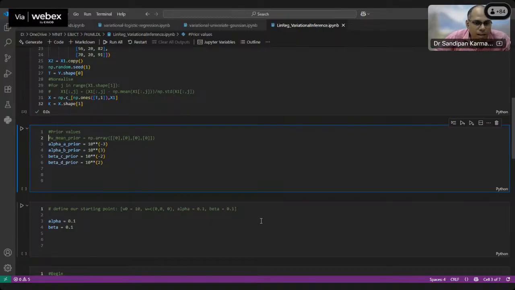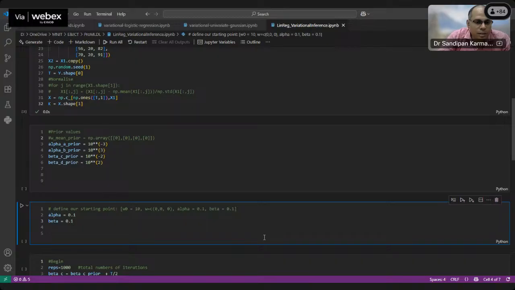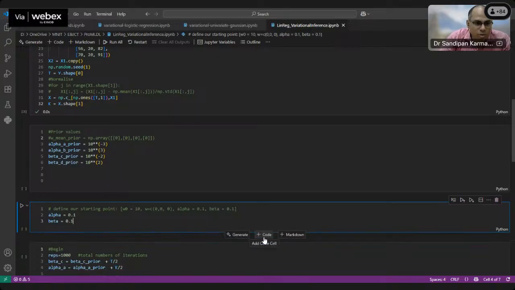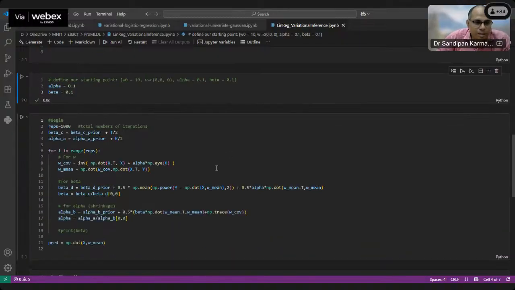We are starting with W naught, the intercept, at 10 and W as 0, 0, 0. We are having three predictors, so W actually has three values. Next we are beginning the variational inference.